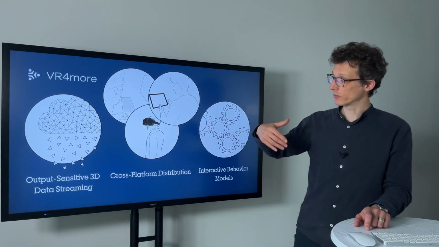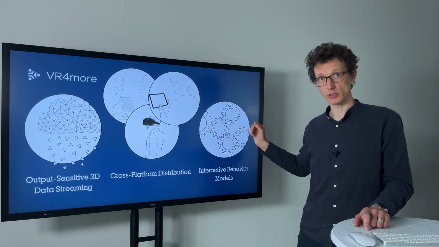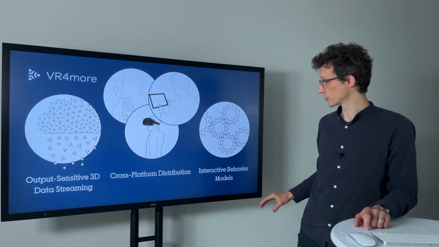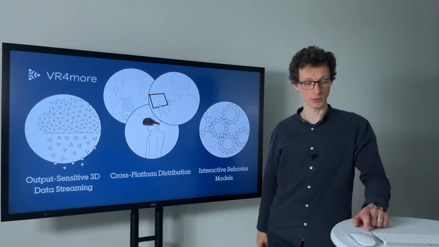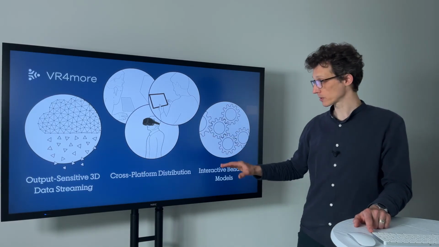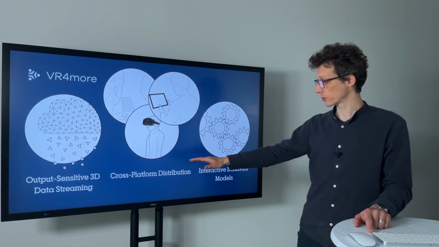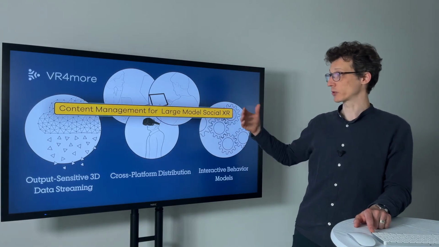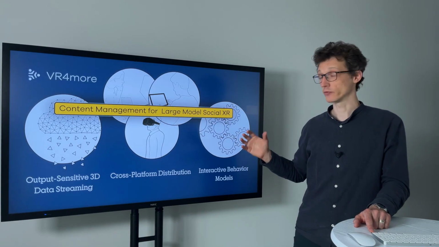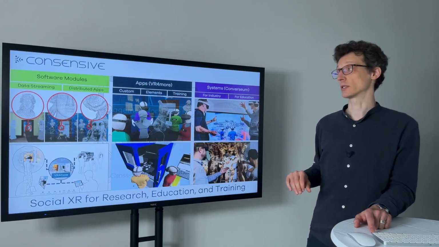But all of these developments are built on three unique software modules, of which I want to dive deeper only on output-sensitive 3D data streaming. In combination, however, with cross-platform distribution and interactive behavior models, that creates a content management system for large model social mixed reality.